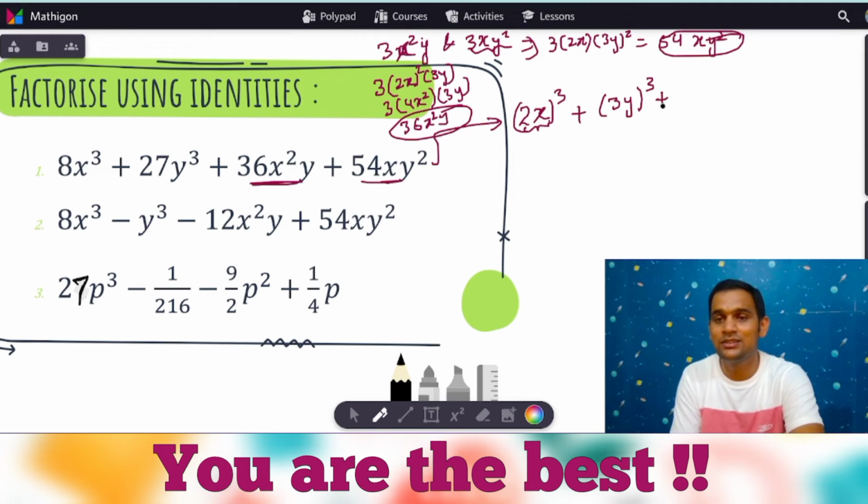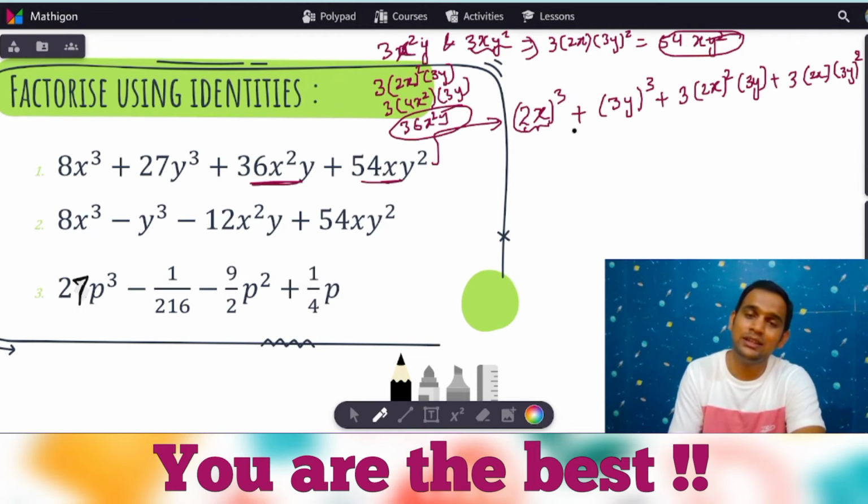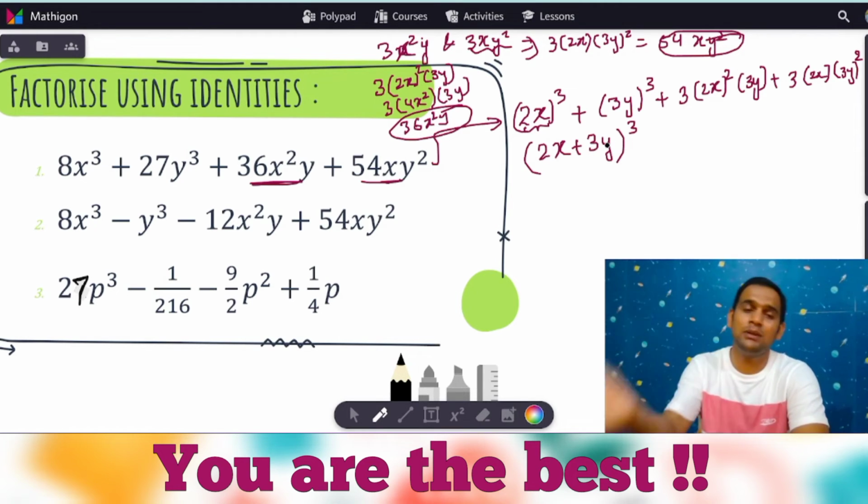So I can write this as 3 times 2x whole square times 3y plus 3 times 2x multiplied by 3y to the whole square. Now you can mention, using the identity a plus b cube, we get 2x plus 3y to the whole cube as our factors. All of them are linear factors and the same factor is repeated 3 times.